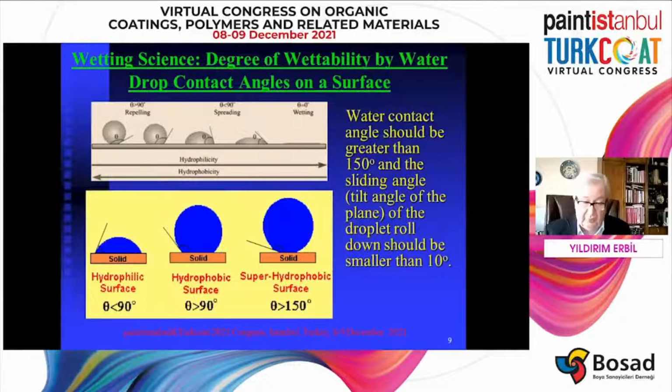And it is also possible to measure two types of different contact angles. One is the advancing contact angle while the drop is increasing in volume, and the other one is the receding contact angle while the droplet liquid is sucked and it is receding on the surface. These three contact angles are very important to characterize a surface.